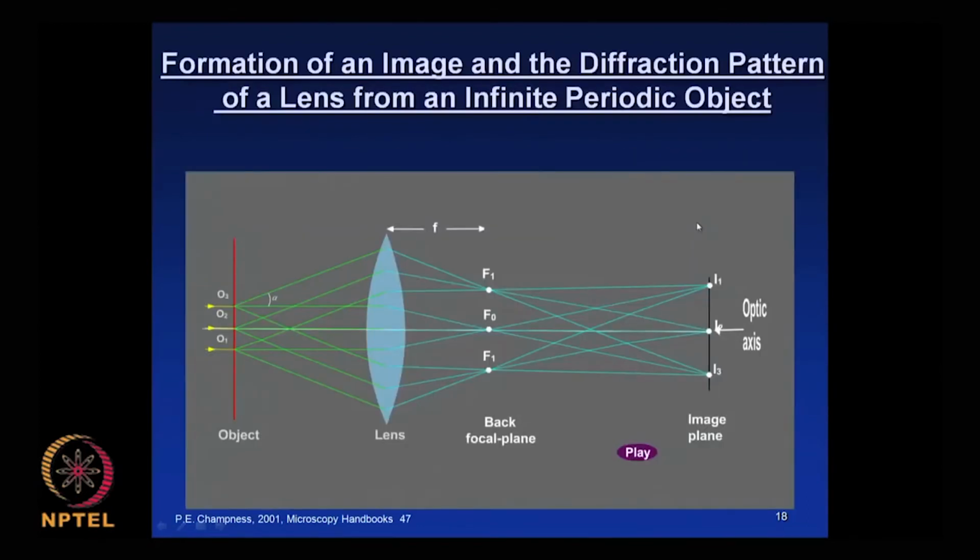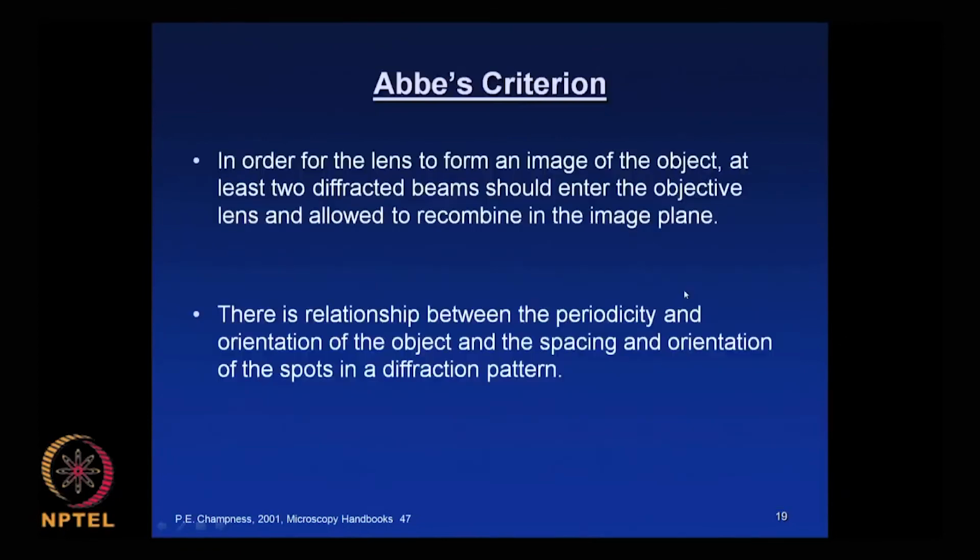You can go back and see at least two diffracted beams; you can count 1, 2 and then 3. Here you have 3. The law says at least 2, so definitely it obeys that criterion for the image formation. And most importantly, there is a relationship between the periodicity and orientation of the object and the spacing and the orientation of the spots in the diffraction pattern.